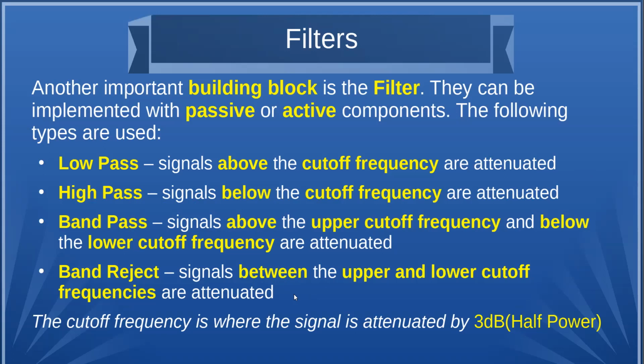So a lot of receivers will have a notch filter that you can move around to block a particular signal that might be interfering. Yeah, I was wondering why you would use that. I was too. I was looking at it, and a detector actually works a little bit like a band reject.